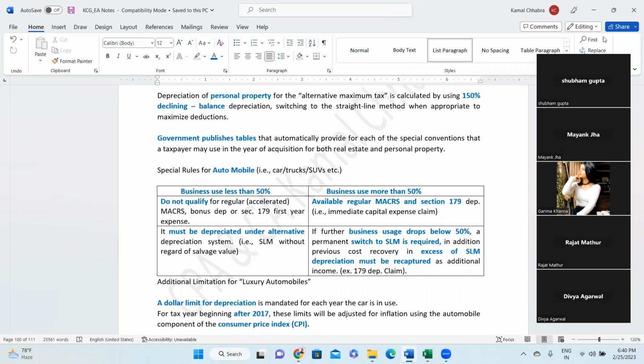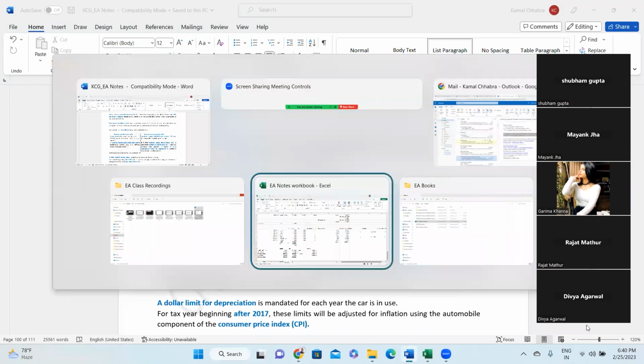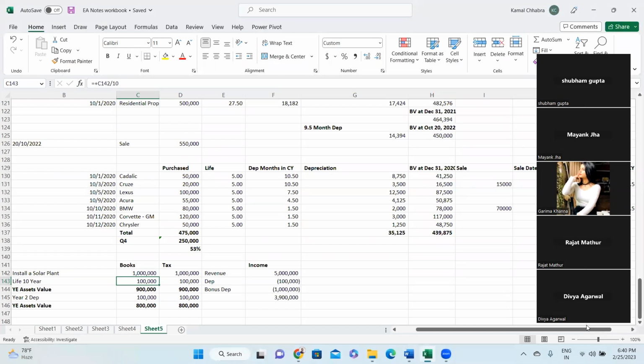Right? So, for example, let's say you have an asset of $1 million. Let's take this example.